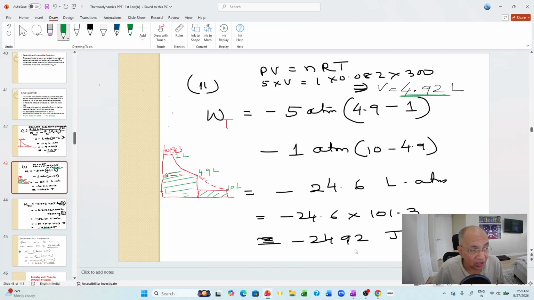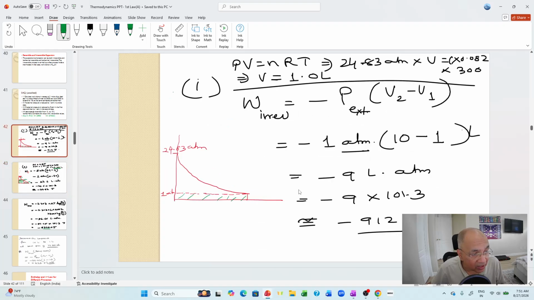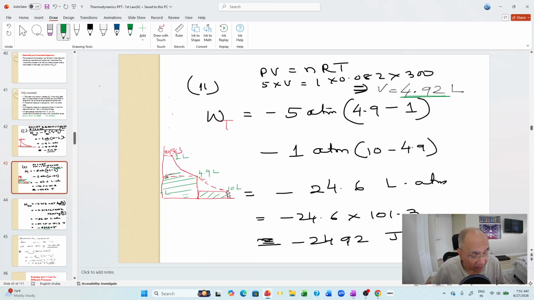So if you add these two rectangles, a relatively bigger rectangle ending at 5 atmosphere, ending at volume 4.9 liter, and again from 4.9 going to 10 liter at constant 1 atmosphere, the sum of these two rectangles will be definitely greater than the small rectangle, but definitely smaller than the area bound by the curve.